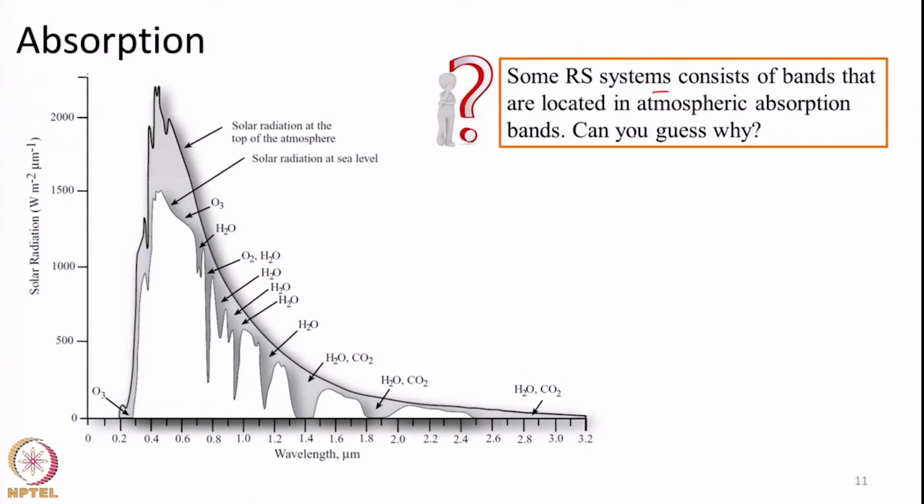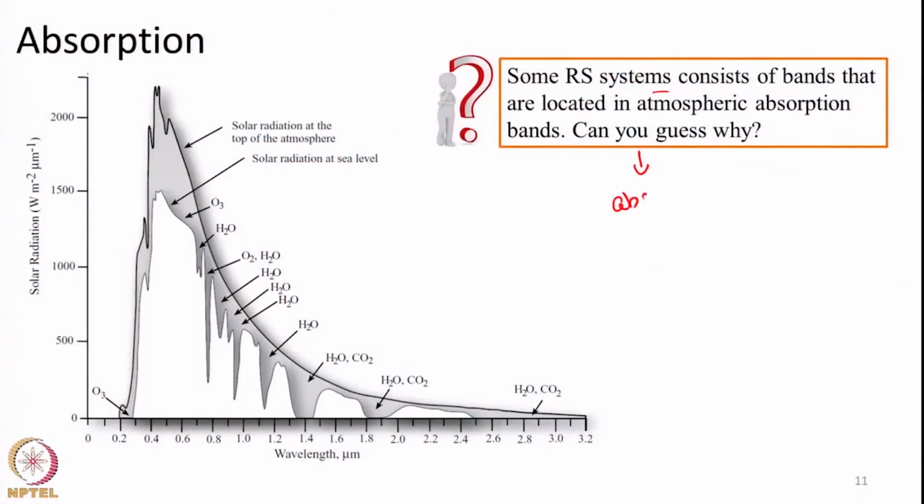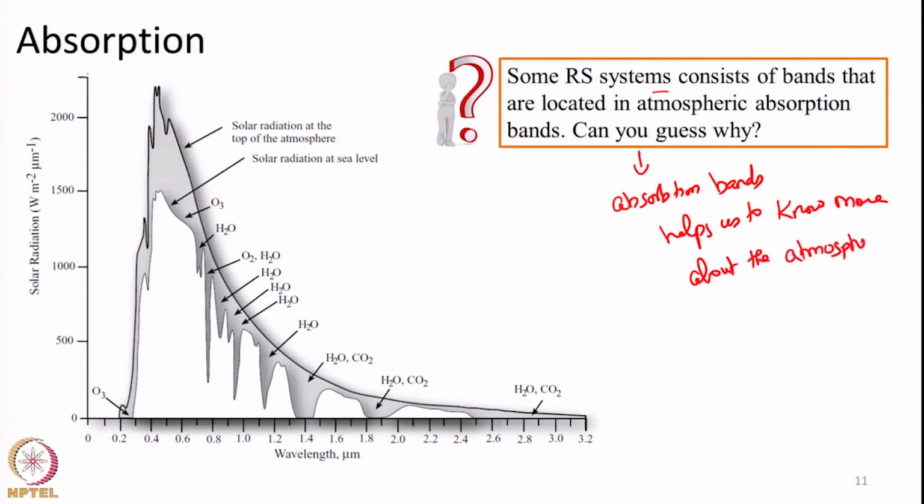The main reason for putting some bands centered around these atmospheric absorption bands is to get more information about the atmosphere itself. Such absorption bands help us to know more about the atmosphere, like how much CO2 absorption is occurring will help us to model the presence of CO2 content.